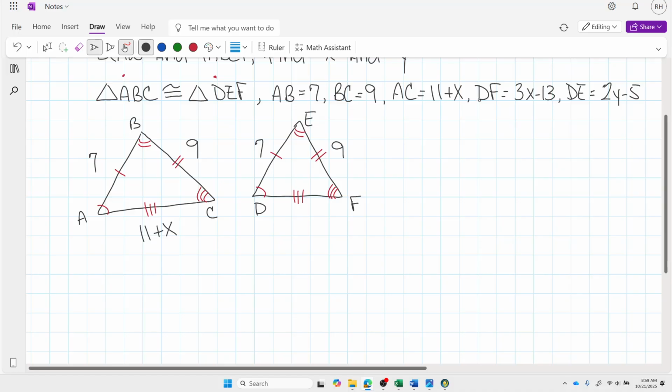AC is 11 plus X, and DF is 3X minus 13. And then D to E. Okay, so where I filled in this 7, just erase that 7. Sorry about that. D to E is 2Y minus 5.